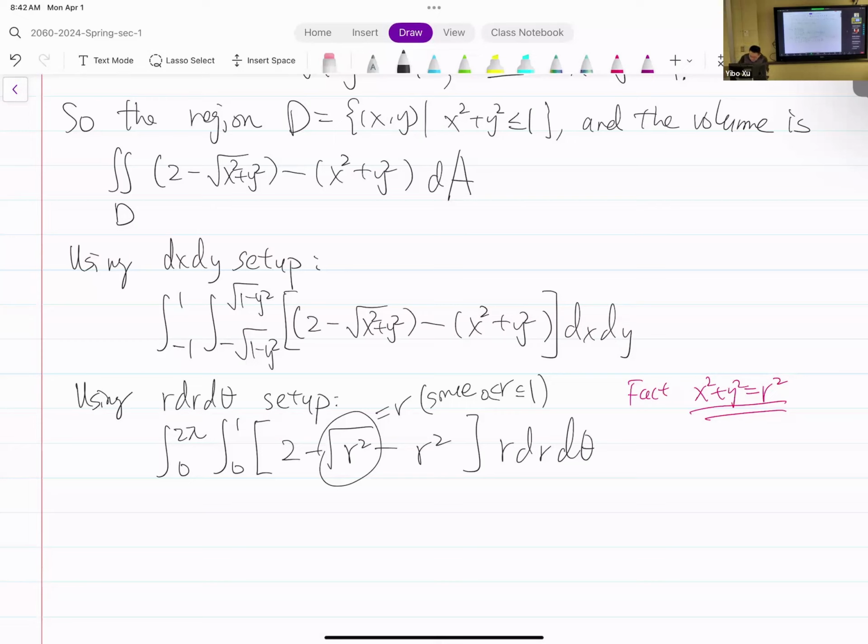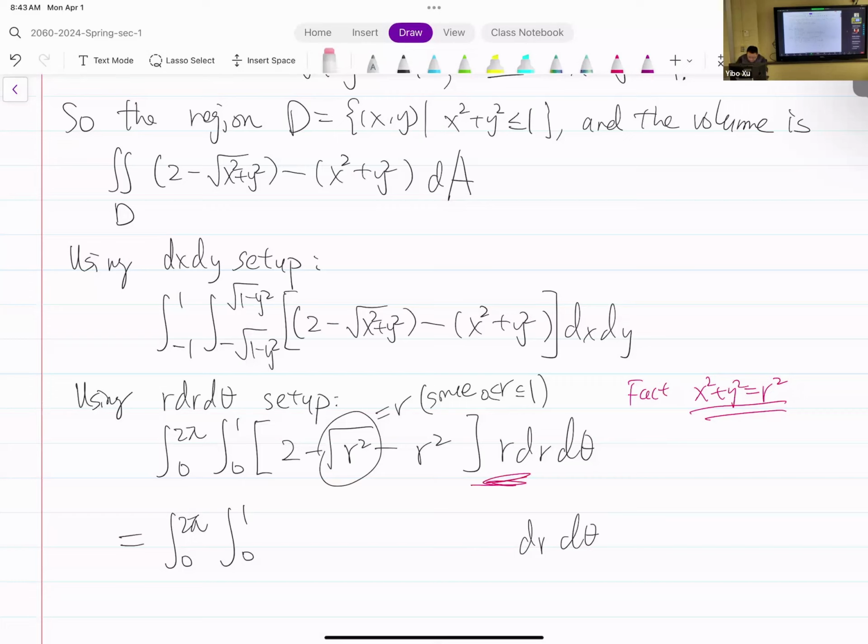So here we see this is just the iterated integral where theta is between 0 and 2 pi, and r between 0 and 1. If you look at the function in the square brackets, you have a function in terms of r only, and on the outside you're multiplying by another r, right?